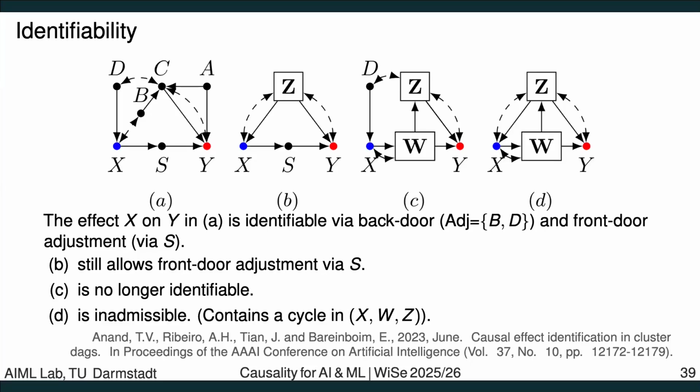And finally, and this really applies only to this very specific paper, in D we made a graph that contains cycles. From X to W to Z, you see we have the cyclic relation. Are there any questions?